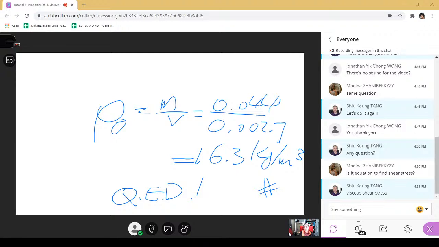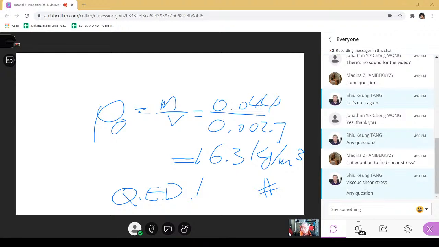Okay. So any question for this one? Any questions so far? I think my handwriting has become better now. I had a morning session, and in the afternoon session it seems that I'm doing quite okay at the moment.